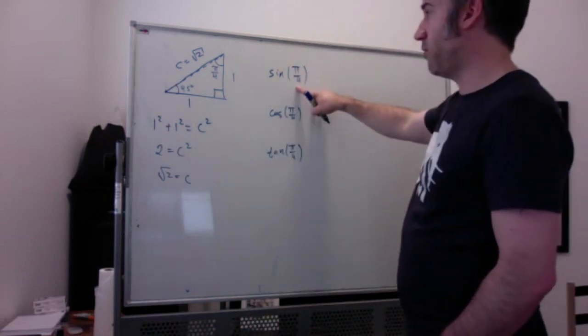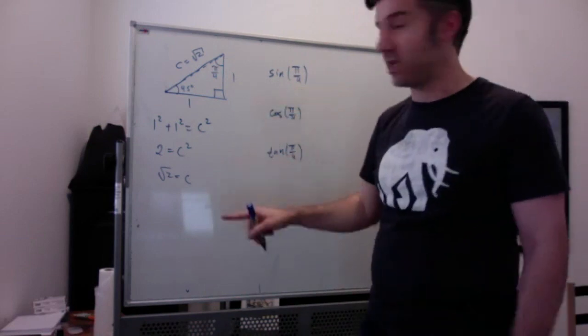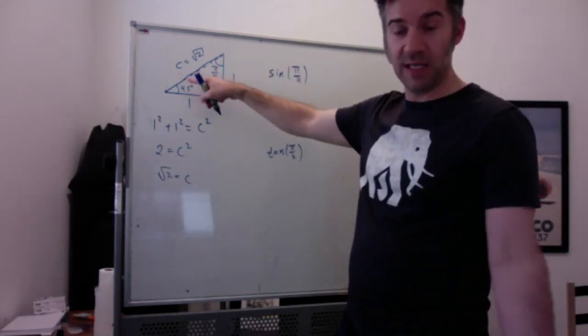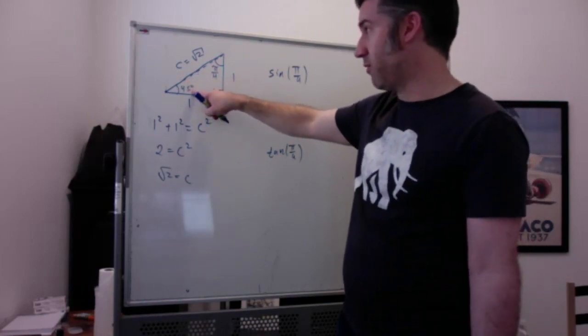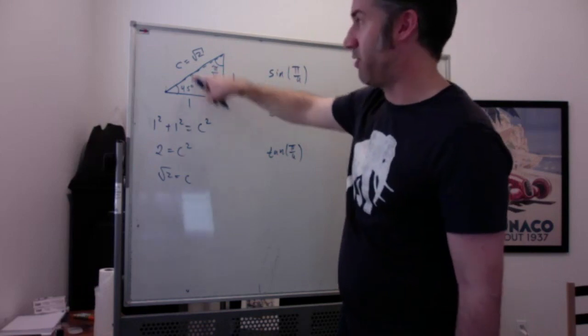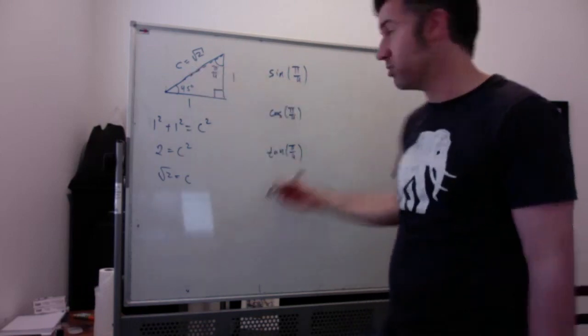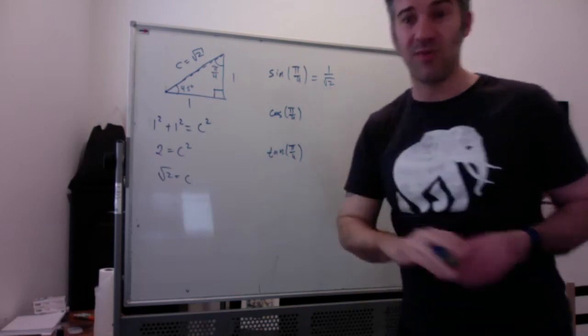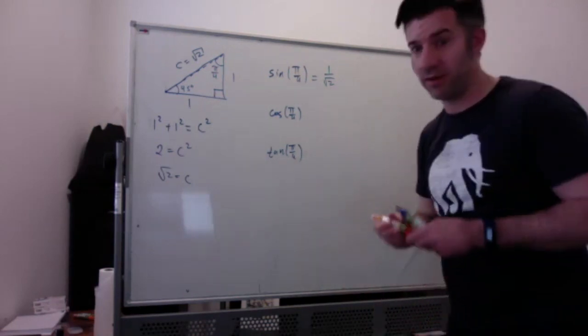So sine of pi over 4, and in this triangle I can use either angle because these are both the same. So 45 degrees is pi over 4 radians. So sine of pi over 4 is opposite over hypotenuse, either way, it's 1 over root 2. Now, usually we rationalize our trig values here.